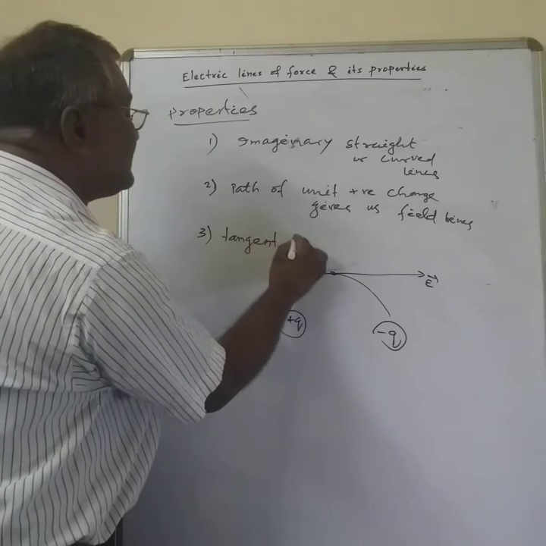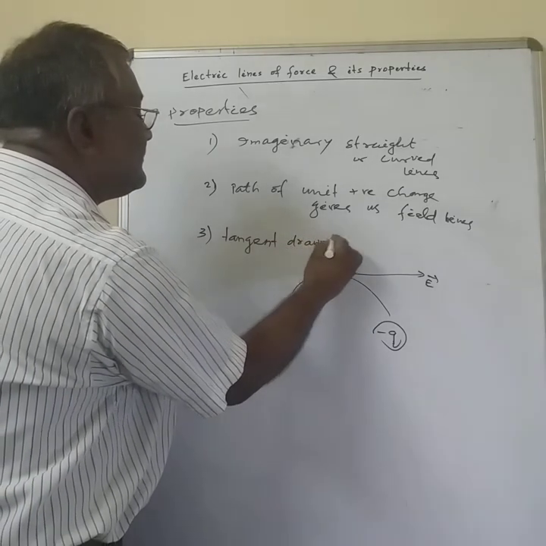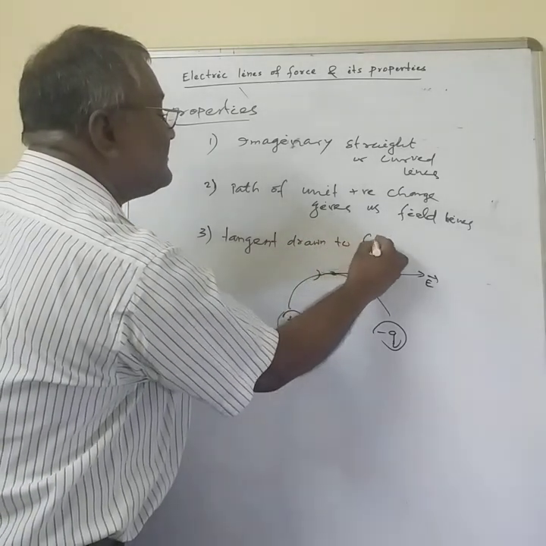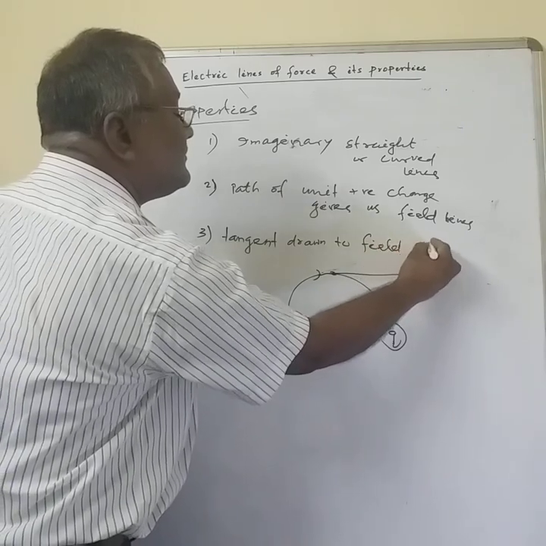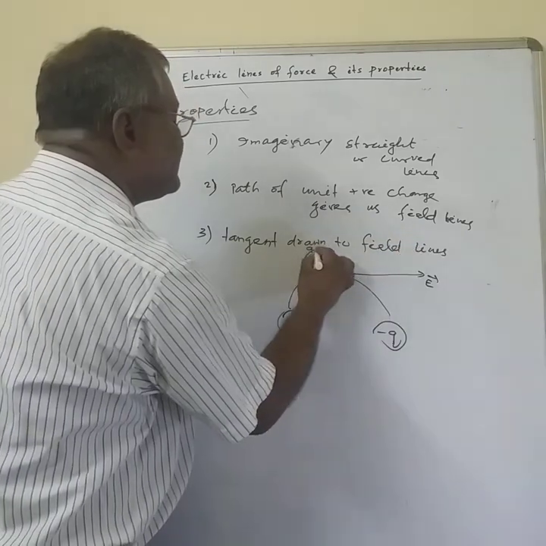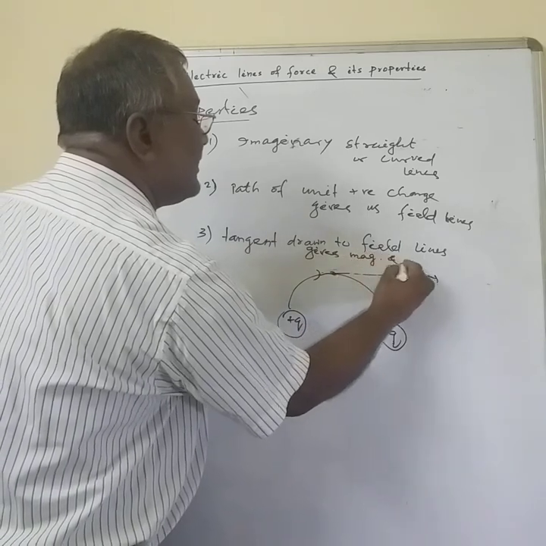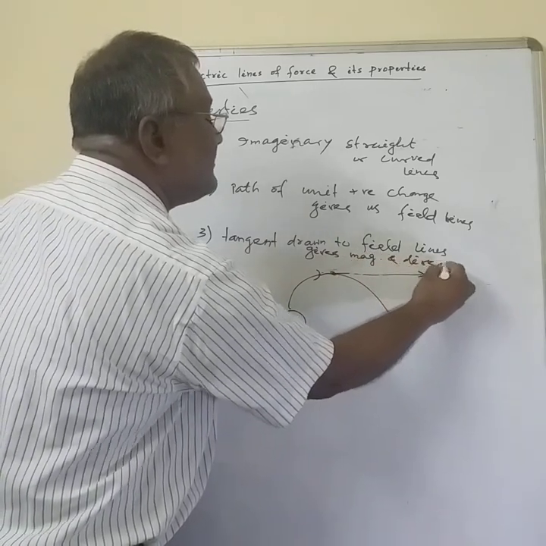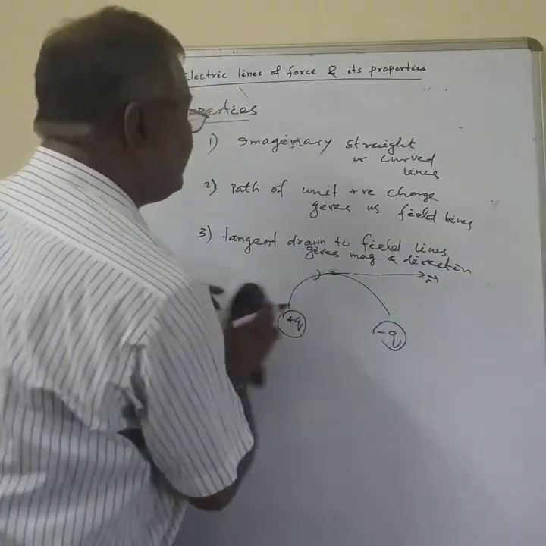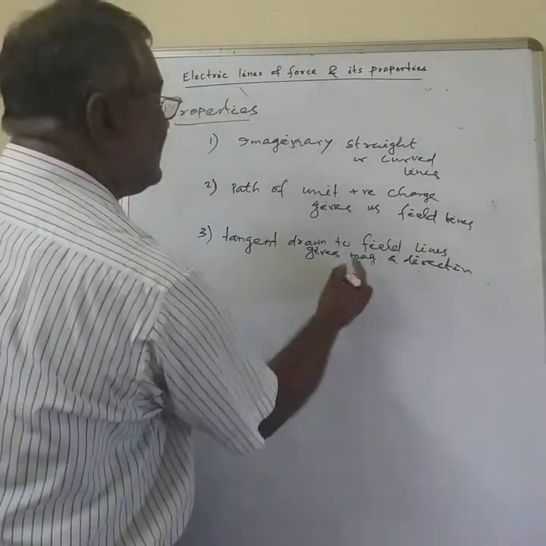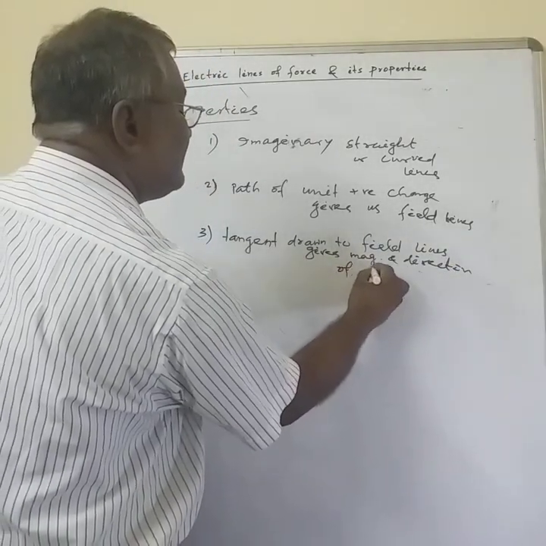So a tangent drawn to field lines gives the magnitude and direction of the electric field.